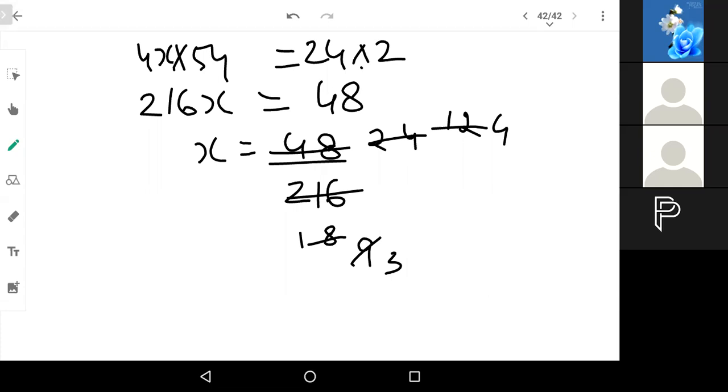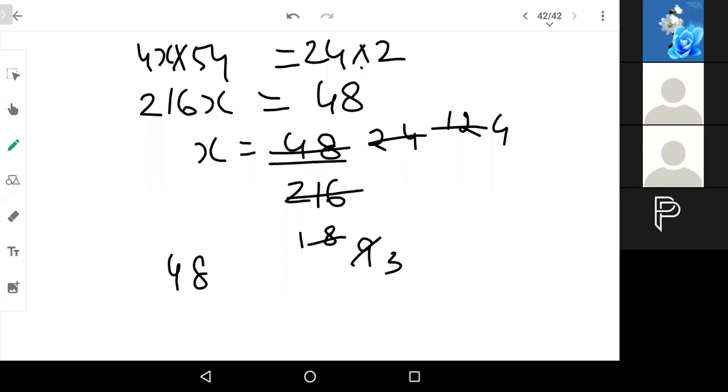Is it correct? Or is anybody getting a different answer? You can use a different table also to get it. If you have used 4, then I think you would get a different answer. We have used the 2 table here, so we have got this answer.